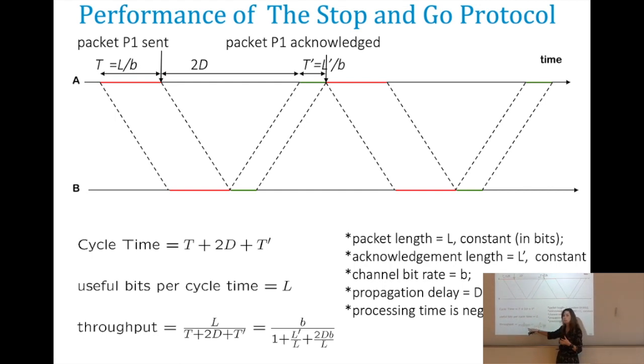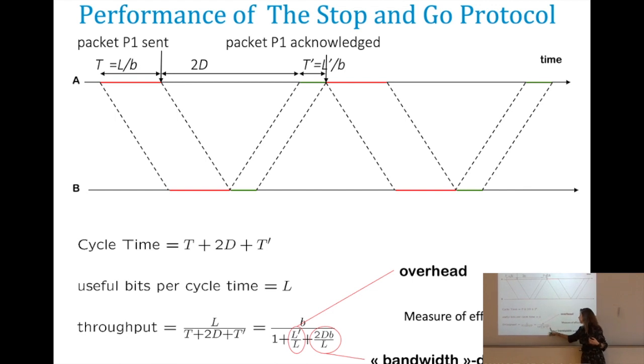And if we rewrite this using the bit rates and all of these linking formulas, we get this form of the throughput, where this L prime over L corresponds to the overhead, and this corresponds to the bandwidth delay product.